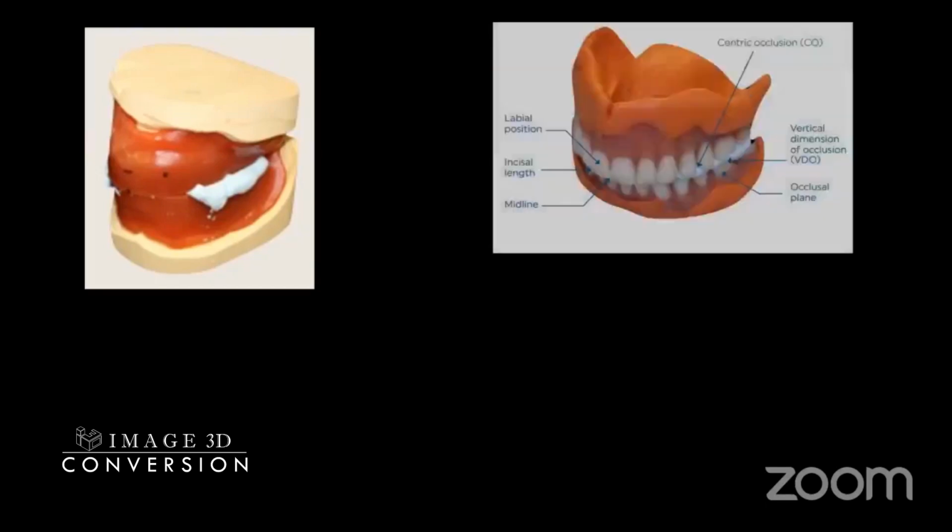So we scan these casts and the aesthetic plate, that is the occlusal rims, and we align all the data on the software and do the designing of the dentures. So the conventional way, what we have been doing, is the same till jaw relation, and further it is processed.